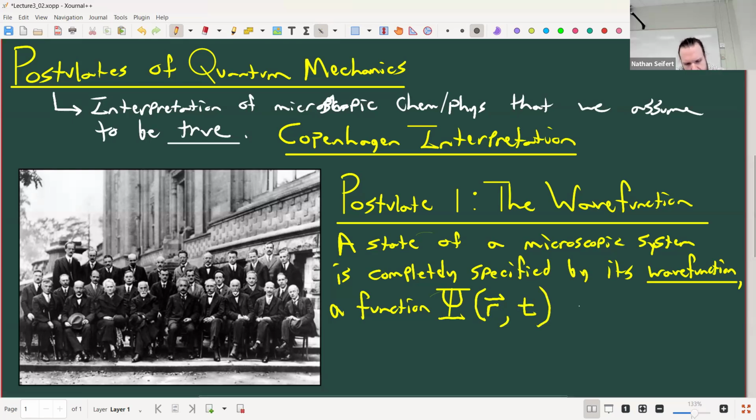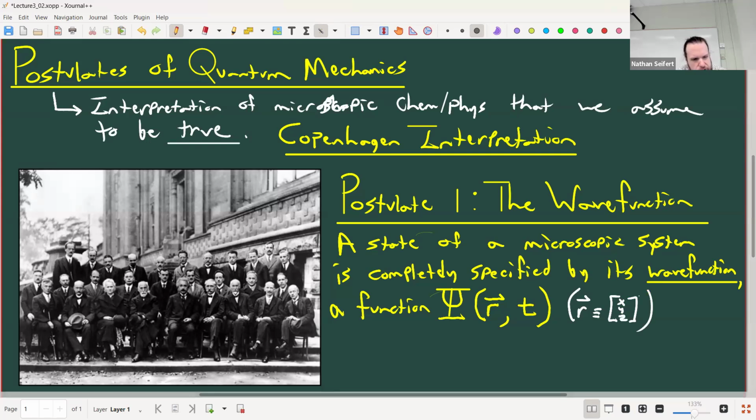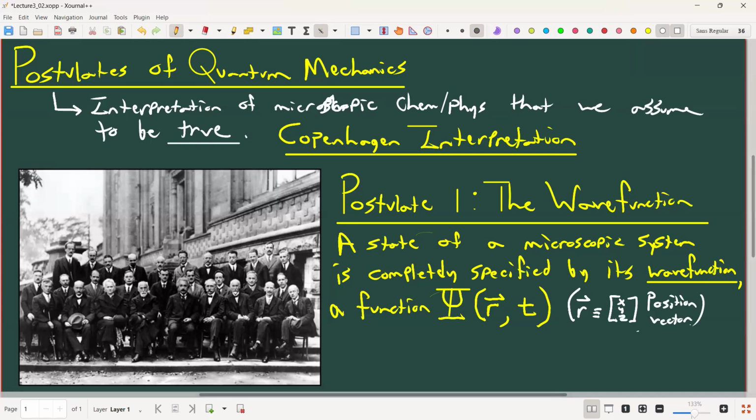Where R, again, is position. It's like a vector X, Y, Z. It's a position in space. The position vector. So again, the idea is that, for instance, if we have an electron in this room, it has a wave function, and that wave function at every position in the room has a unique value.